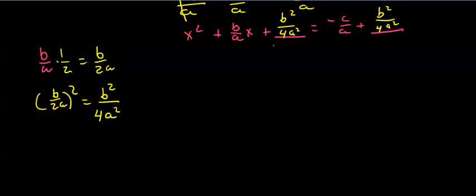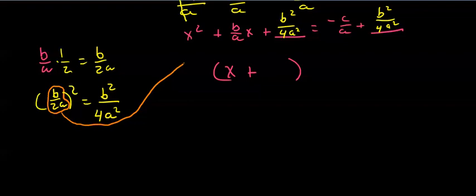Now I factor the left side, and we have x, it's a plus, and this number right here always goes right there, plus b over 2a.